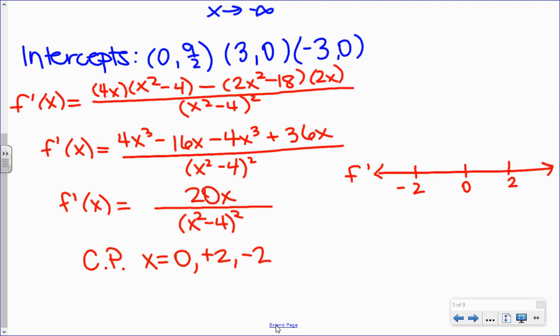Right? All right, so what are our signs? This interval. This interval. This interval. Positive. Okay.